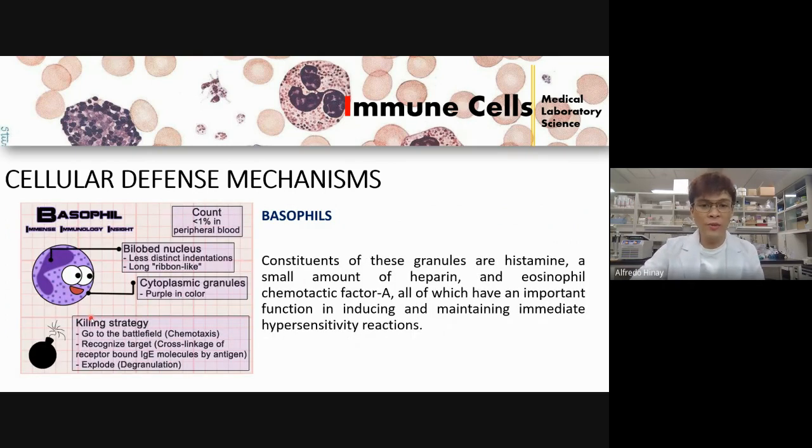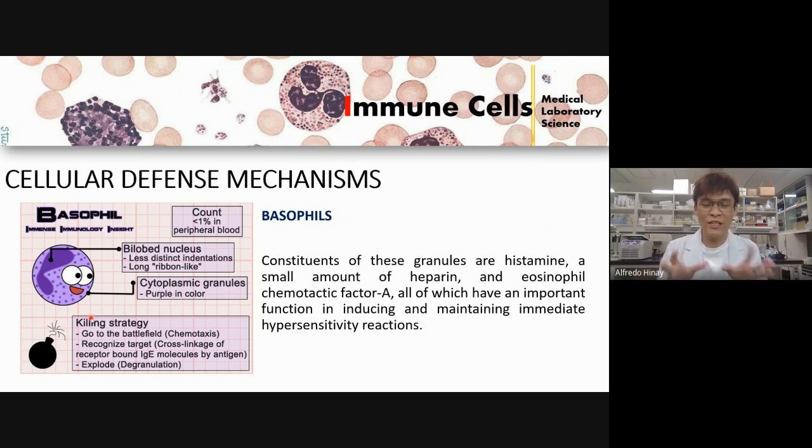So the constituents of these granules are histamine and a small amount of heparin and eosinophil chemotactic factor A, because if the basophils are activated, they will release the granules. You have your eosinophil chemotactic factor A. Pag sinabi natin chemotactic, ibig sabihin yung class, tumatawag. So if the basophils are there in very small amount, syempre they need a best friend.